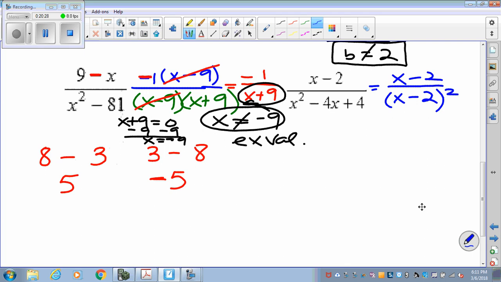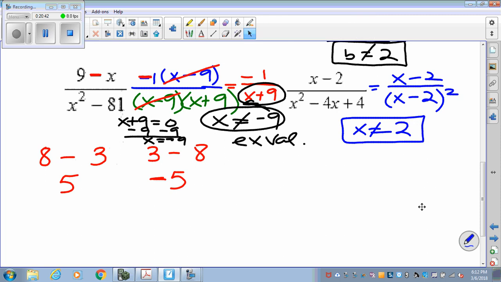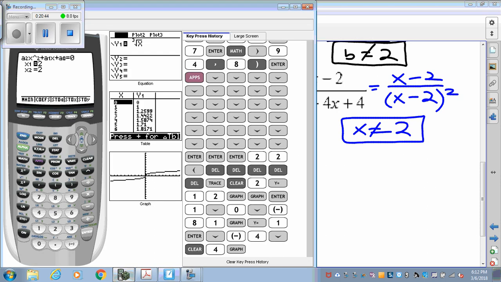And so also that tells me that x cannot equal 2, right? x cannot equal 2 because that would make that a 0. What I've got on my calculator are the zeros. So those are actually your exclusionary values for the denominators, just because it was my factor.